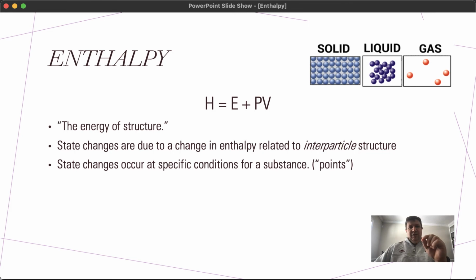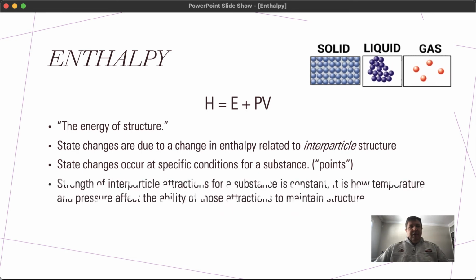But that particular set of conditions where the state change will occur gets the name of a point: melting point, freezing point, sublimation point. And we saw that on the phase diagrams that we did, that we could map out for conditions of temperature and pressure what the boiling and melting and sublimation and deposition and condensation and freezing points would ultimately be.